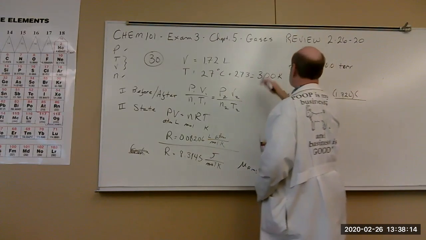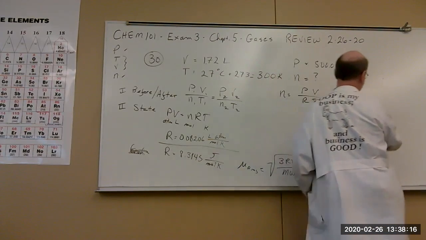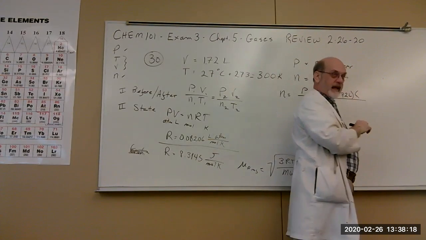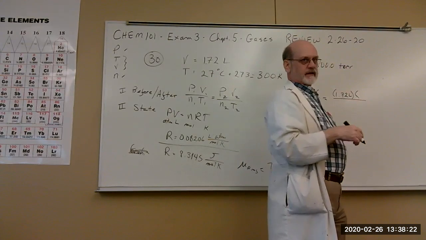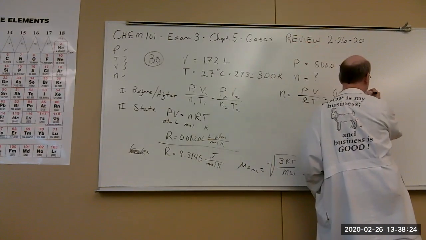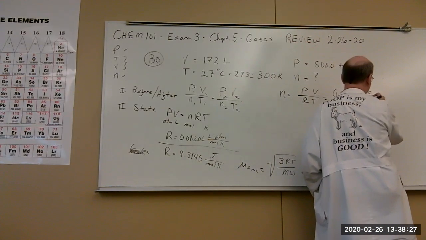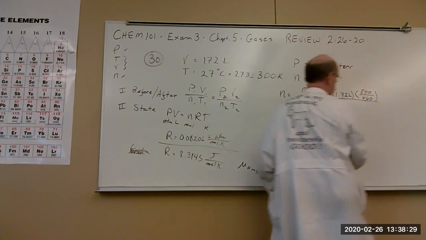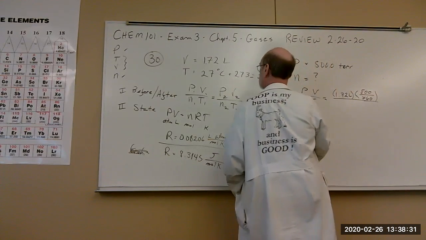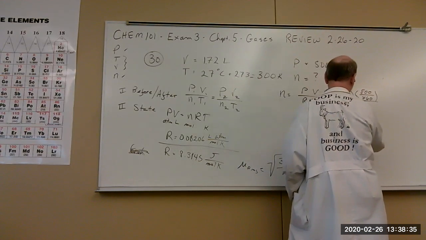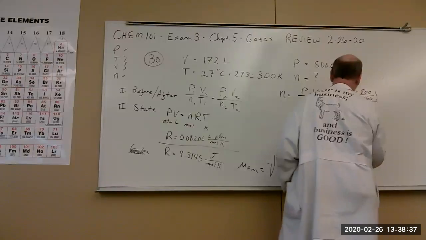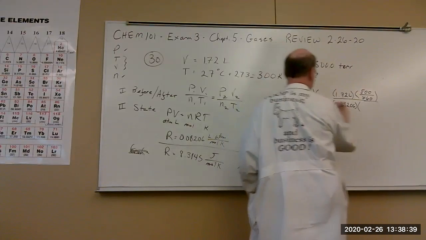And then pressure, 800 torr. All right, we got to convert that. It has to be atmospheres. So how do you convert it? Divide by 760. Okay, there's atmospheres. And then we have R and temperature, 300.